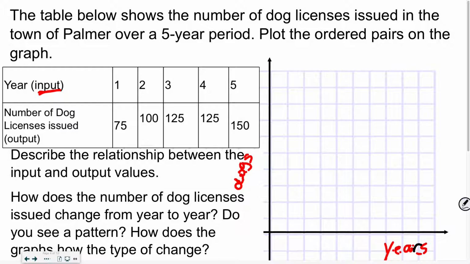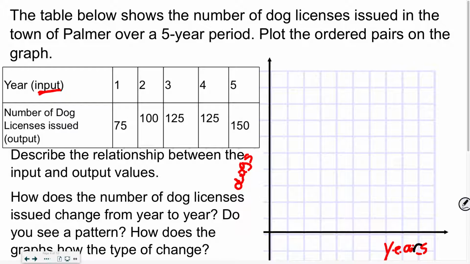How do you plot that? So you find where the year and the licenses do what? Where they meet. Okay.